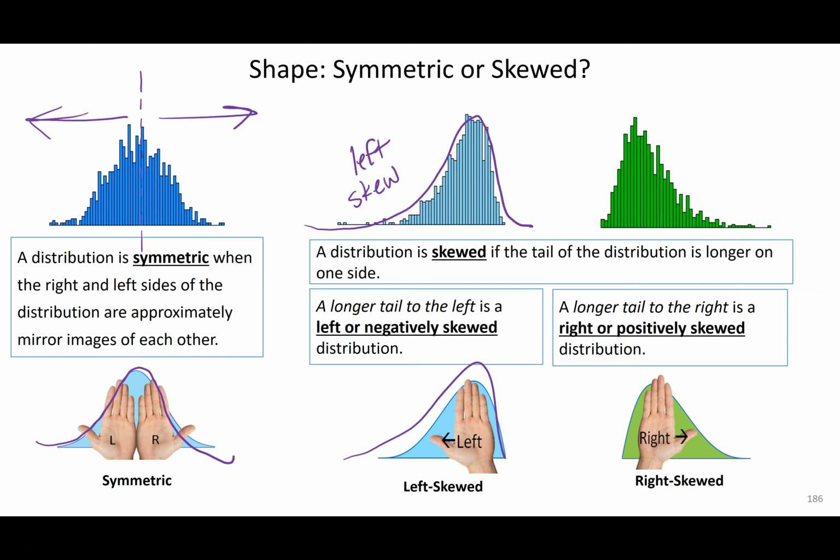So if the tail is longer to the left, it's left skewed. You can call it negatively skewed. Most of the time I'll try to stick with left skewed. If it's longer on the right, it's right skewed or positively skewed. Once again, I'll try to stick with the right skewed terminology. Or I like to include both. I don't like to just include negative or positive. That's a little confusing sometimes.